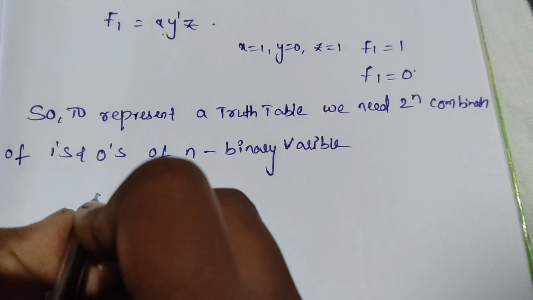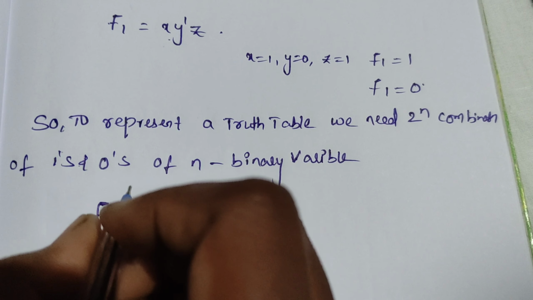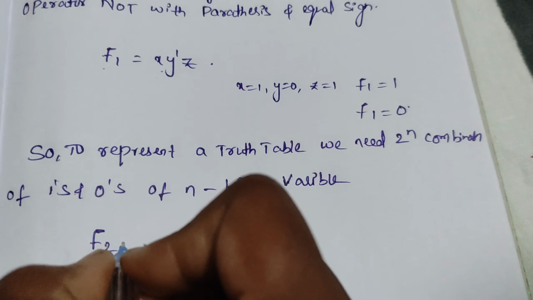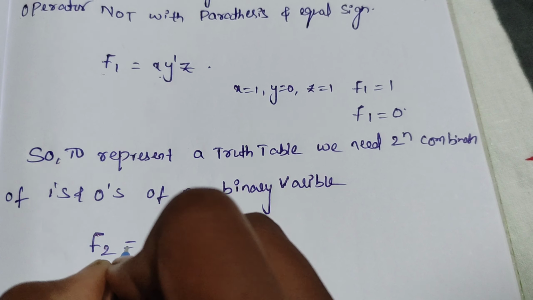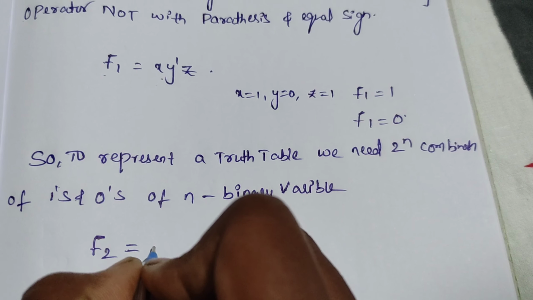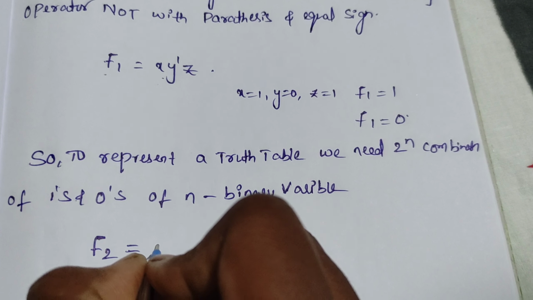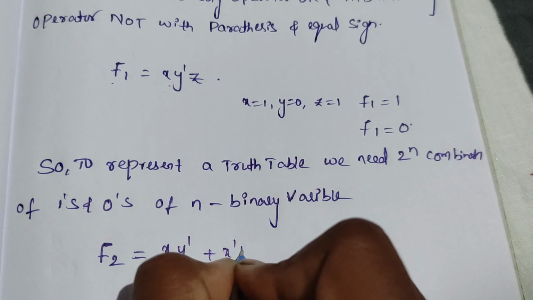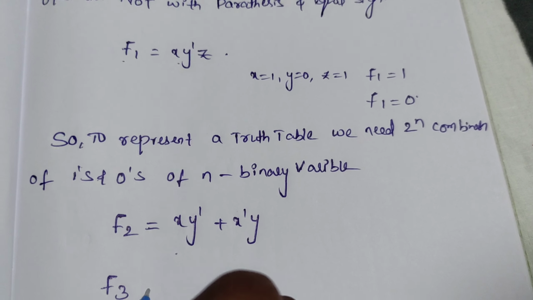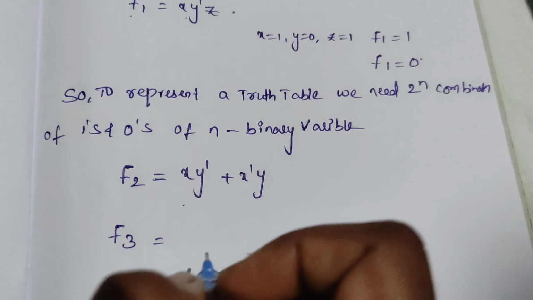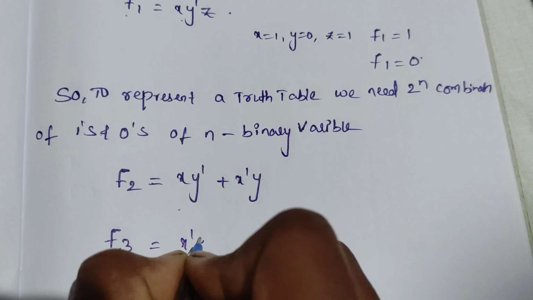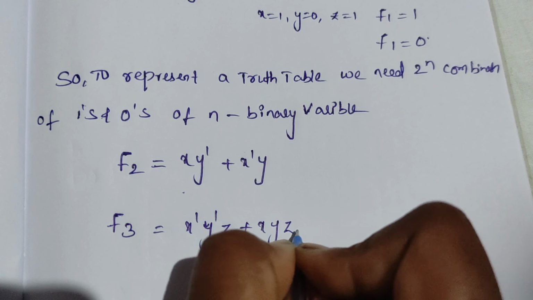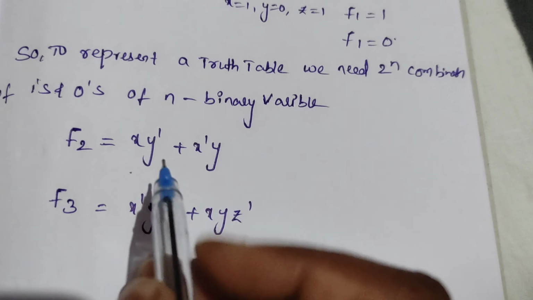A function can be of 3 variables or 4 variables. Above I have taken a function of 3 variables. Now I am taking a function f2 of 2 variables, x y bar plus x bar y, and one more function f3 of 3 variables, f3 equals x bar y bar z plus x y z bar.